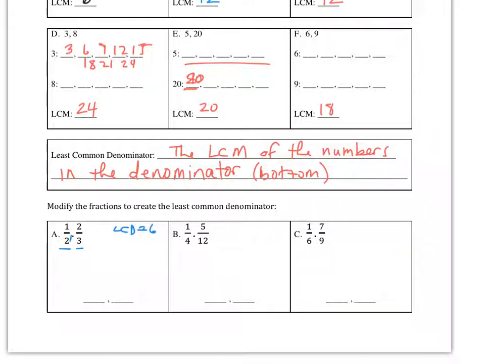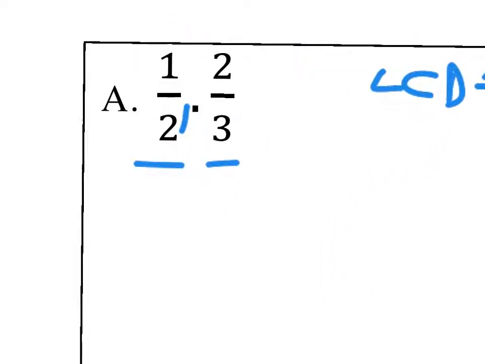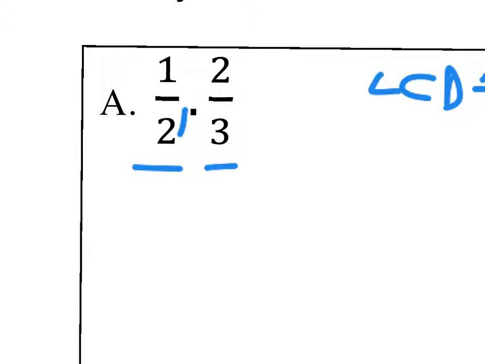All right, so Alex says that in order to get a 6 in the denominator, what would I have to multiply 2 by? 3. So I'm going to multiply by 3, but if I multiply the bottom by 3, I have to multiply the top by 3. Essentially, I'm multiplying by 3 divided by 3.